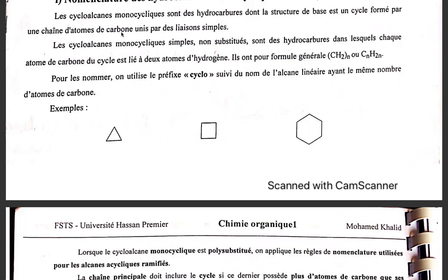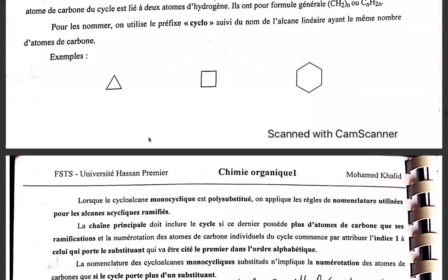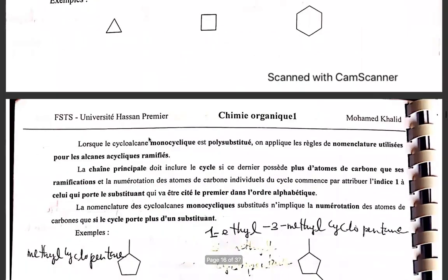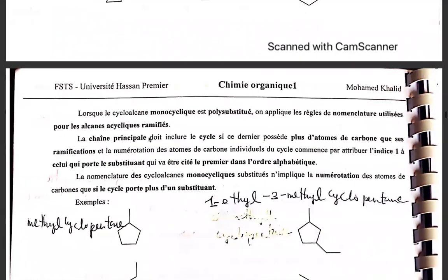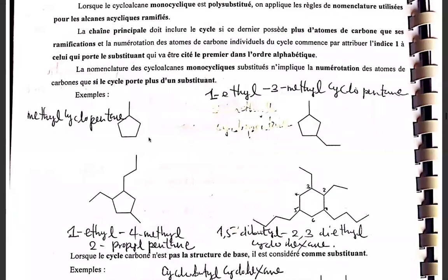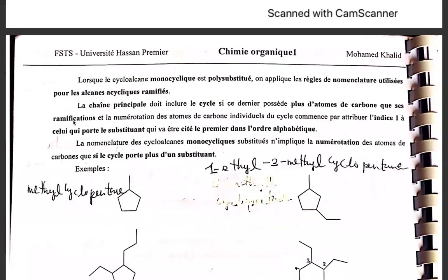So counting the number of carbons is the same as counting the size of the shape. Any other questions? Any other contributions?